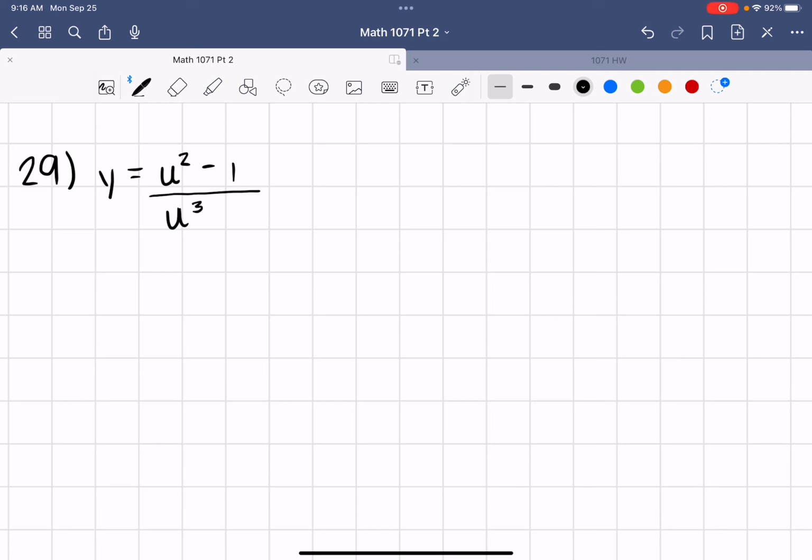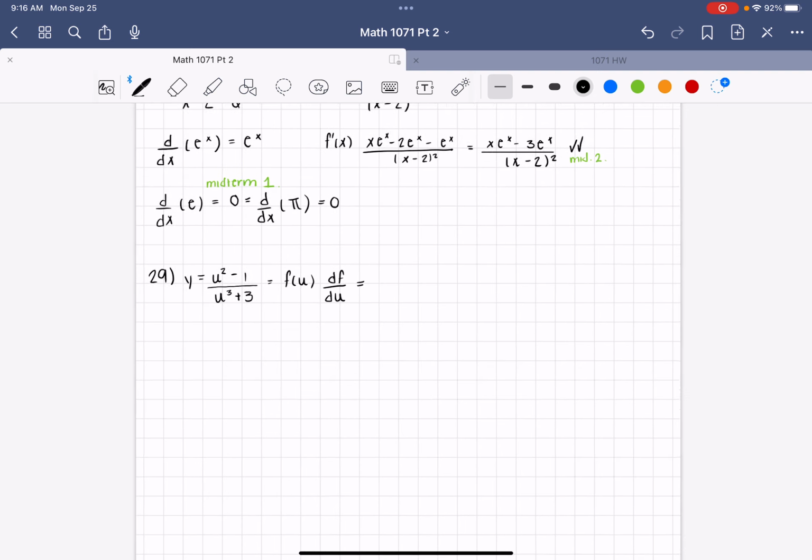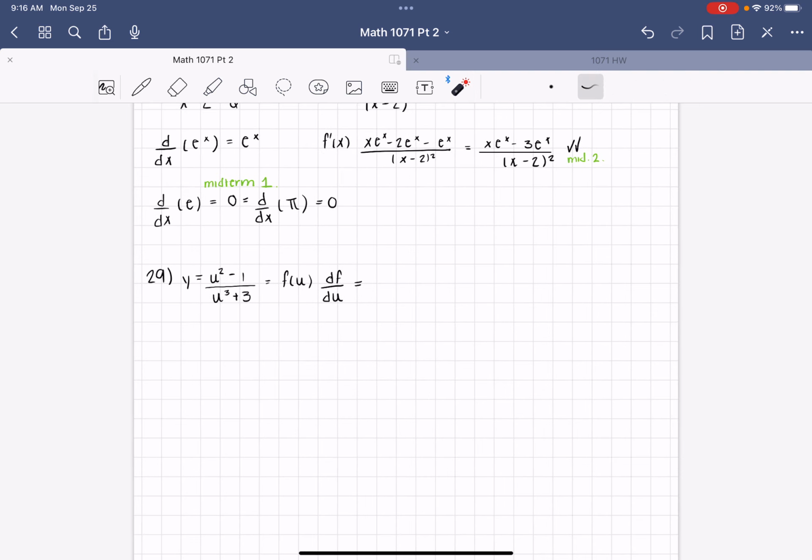All right. So we want df with respect to u. Now you see, here is where this d notation has an advantage over our prime notation. The prime notation is easier to write. f prime means derivative.